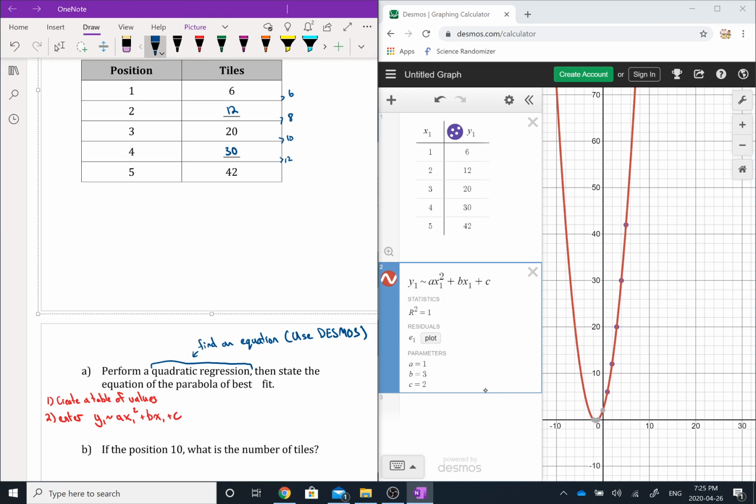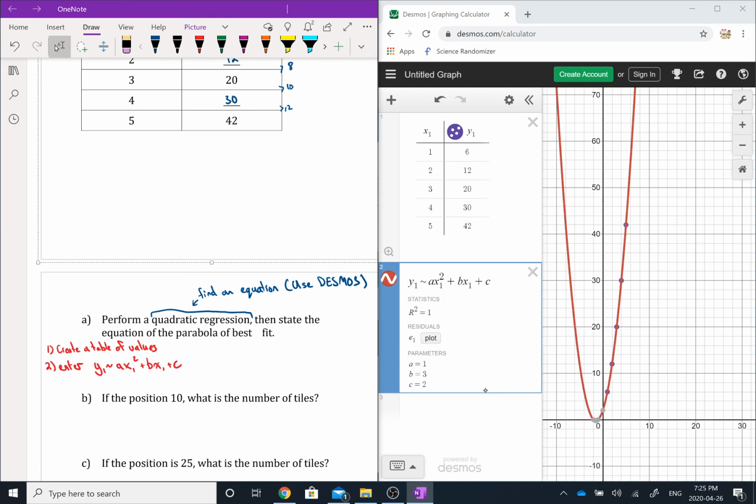If I go back to my actual note, the equation is y equals, a is 1, so I can just write x squared plus 3x plus 2. All I did was take these values, the a value, and put it into the equation. So a became 1, b became 3, and c became 2. And this is now my equation for this specific table of values.